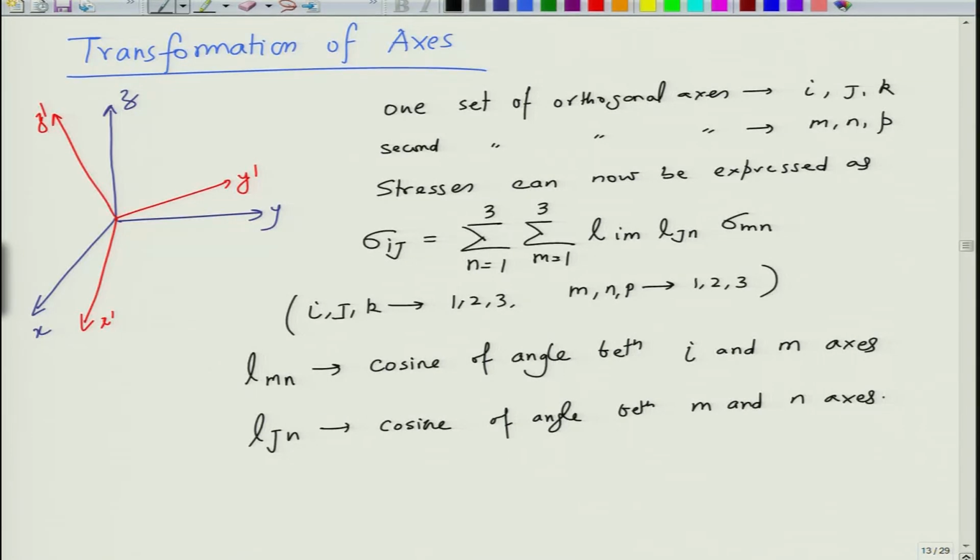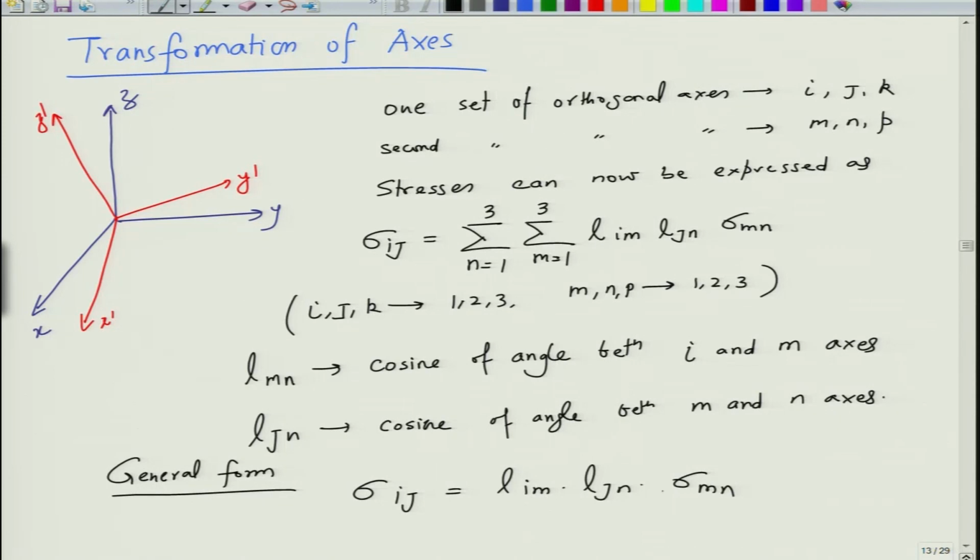Okay. So, in a general form you can get rid of the summation symbol, which means it is implied. So, in a general manner you can write this as sigma ij equals L im into L jn into sigma mn, which means the summation over m and n is assumed. Okay, it is by default there.